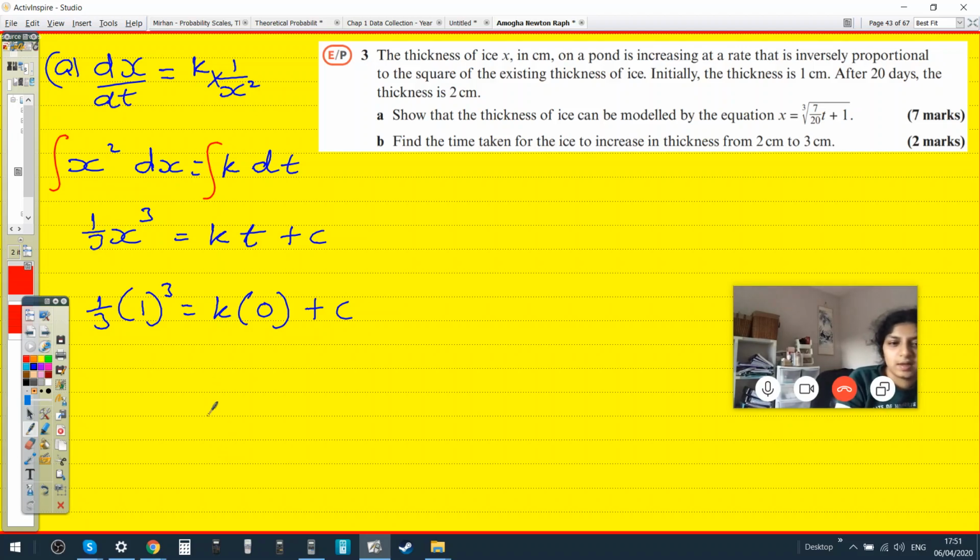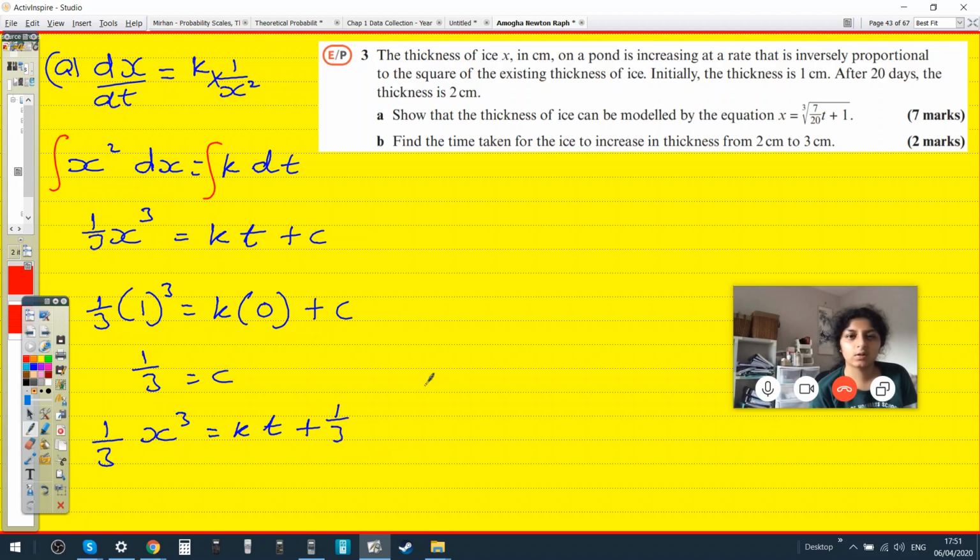C is equal to 1/3. Then it looks like we make x the subject.